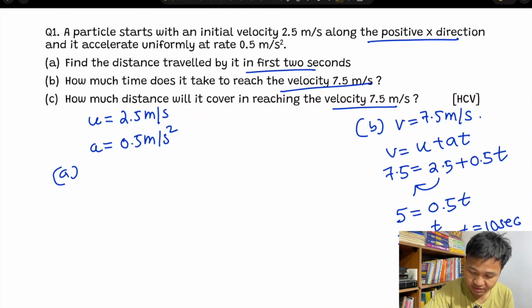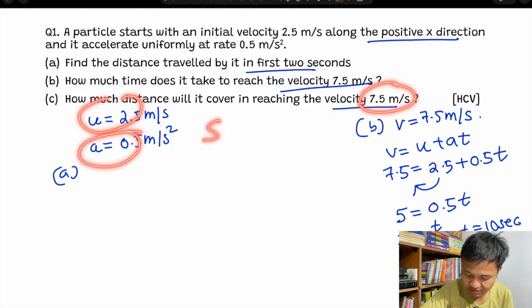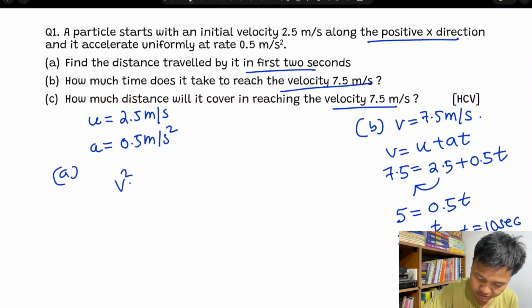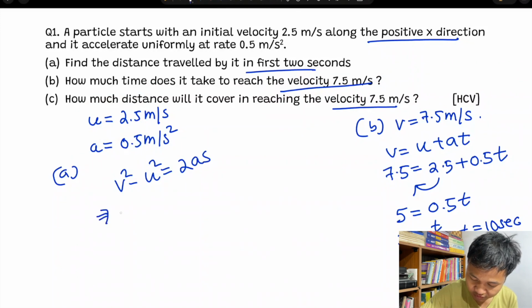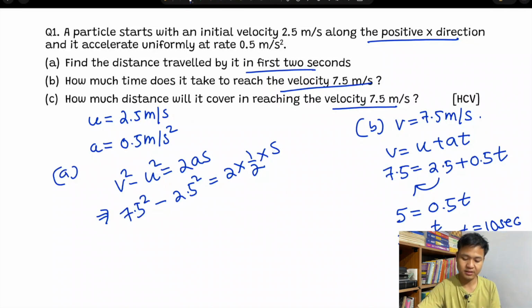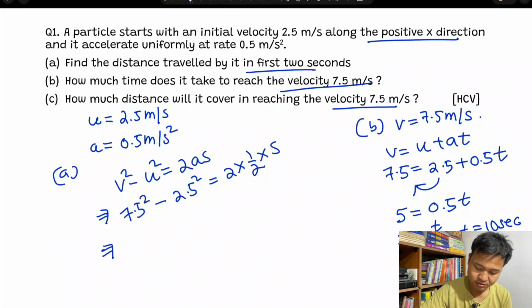So you're given here v, u, and a. They ask you to find s. So I can use v square minus u square equals twice as. So v square is 7.5 square minus 2.5 square equals 2 into acceleration, 1 by 2, into s. So how do you do this?